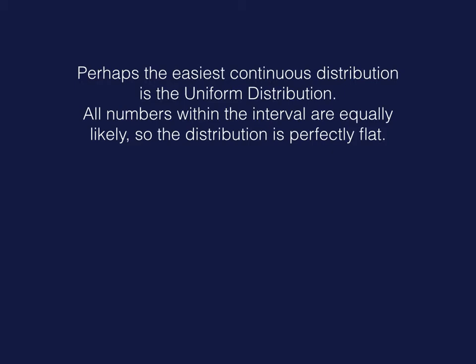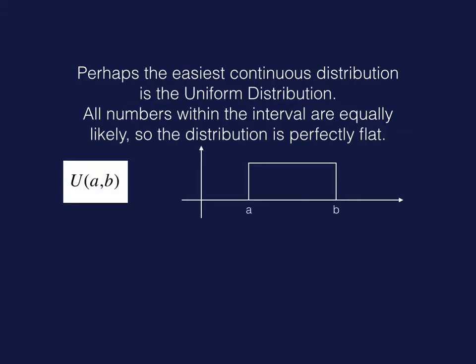Okay, so a really easy one is the uniform distribution. It's a completely flat distribution. So the function is just a horizontal line, and this indicates that anything in that range is equally likely. So it's a rectangle.